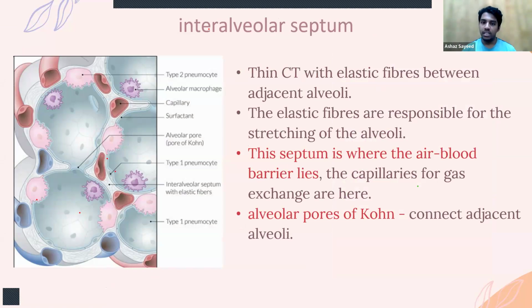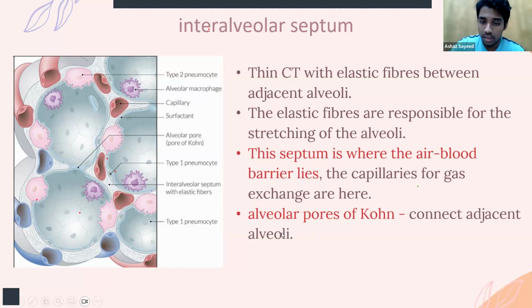So this elasticity comes from the elastic fibers in the intraalveolar septum. This region is also where the air blood barrier lies. This is where your blood vessels are, and this is where the exchange happens. Basically, oxygen from the alveolus crosses a bunch of layers and goes into the blood vessel, and this blood vessel is present in the intraalveolar septum.